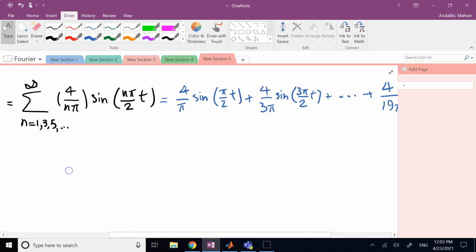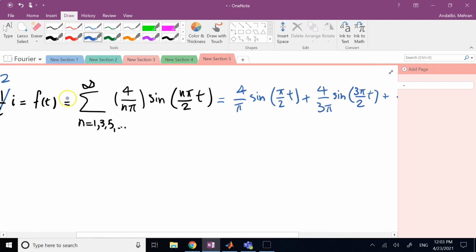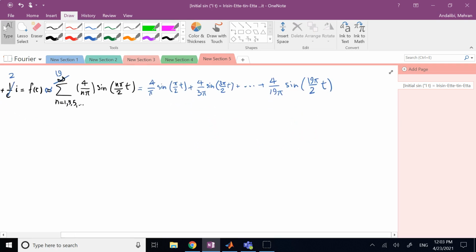So instead of going forever, I approximate my function by going from 1 to 19, or basically using 20 terms, because 20 does not contribute here. So I only use about 10 to 11 terms. Let's say those are enough to give me a very good approximation of my square wave.